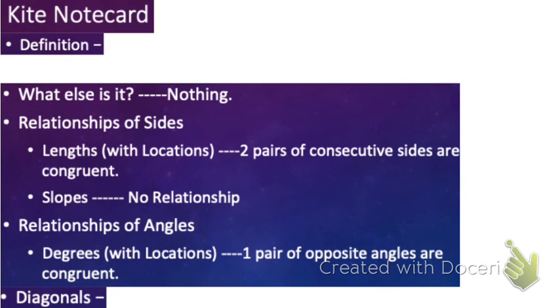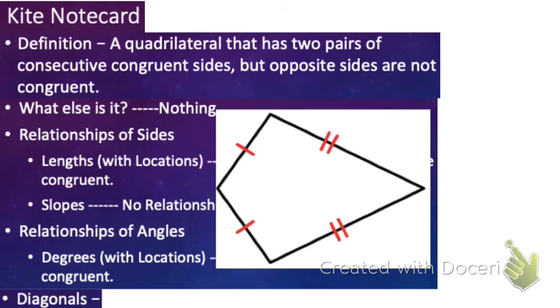Let's use our note packet to help with that. We have a kite here. Let's go with the definition: a quadrilateral that has 2 pairs of consecutive congruent sides. Over here on the left-hand side, these 2 sides are consecutive, they're next to each other, and they're congruent.